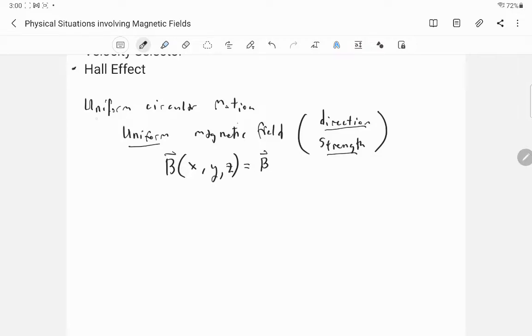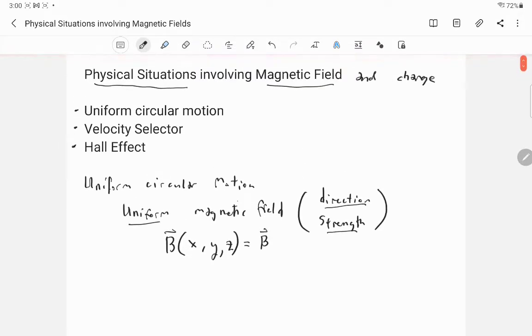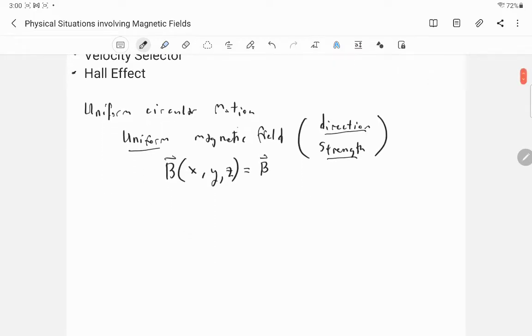So you can get uniform circular motion. It's the uniform circular motion of a charged particle if you put it in a situation where the motion of the charge Q, or actually, let me take that back.